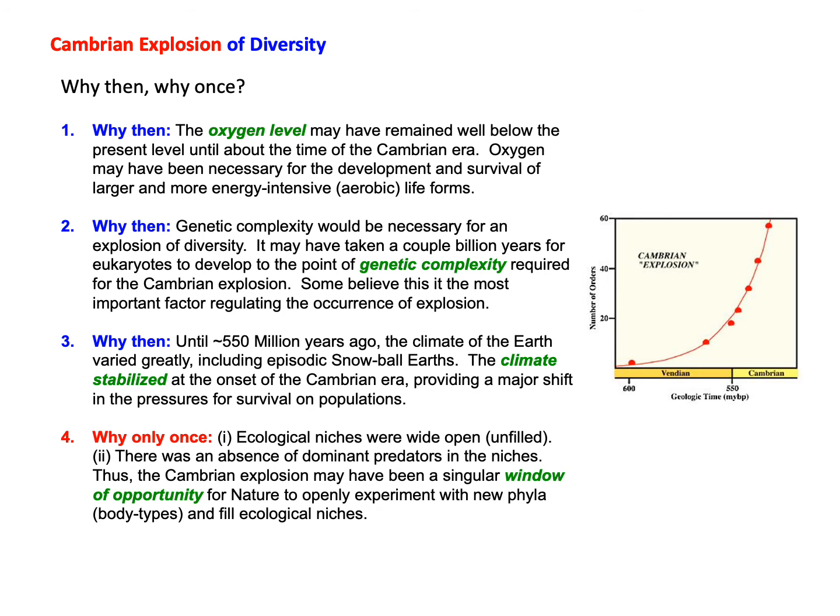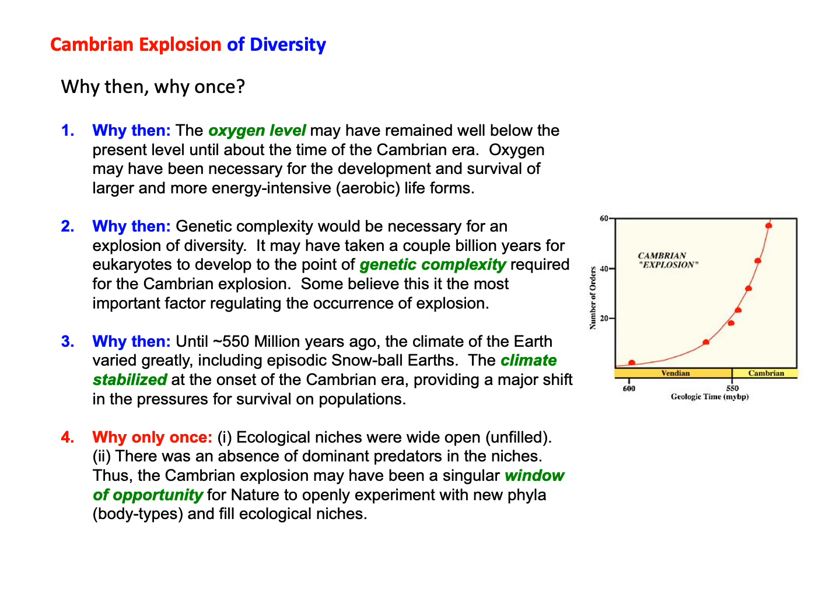Okay, why then, why once? Okay, why then? Well, number one was oxygen is very important for rapid metabolism and high energy metabolism. If you're going to diversify, all these things have to happen on a fairly rapid time scale, and you have to have things pushing and driving them.